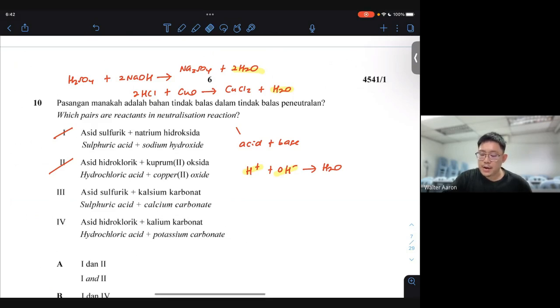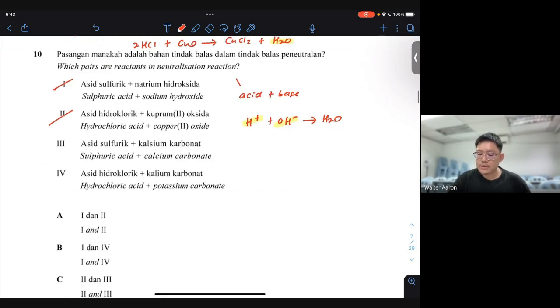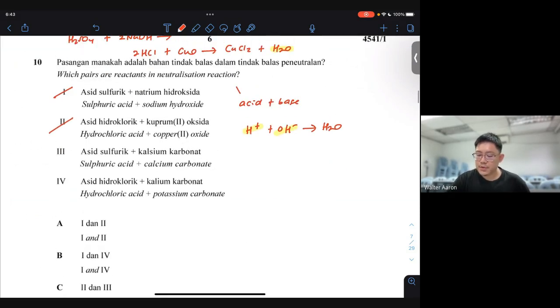Sulfuric acid is also able to produce H+, and the sodium hydroxide can also produce hydroxide ions. But for the rest, sulfuric acid and calcium carbonate cannot, because this is not a neutralization reaction.